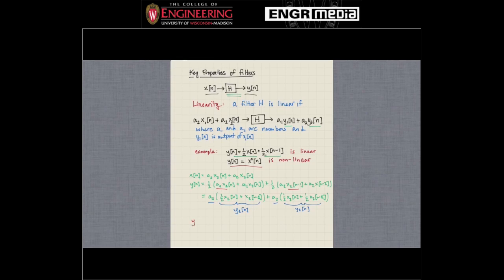Say I choose x1 of n equals 2, for all n, so just constant signals, and x2 of n, let's just say x2 of n equals 3. So if I input now x1 of n plus x2 of n into the squared system, what do I get out?